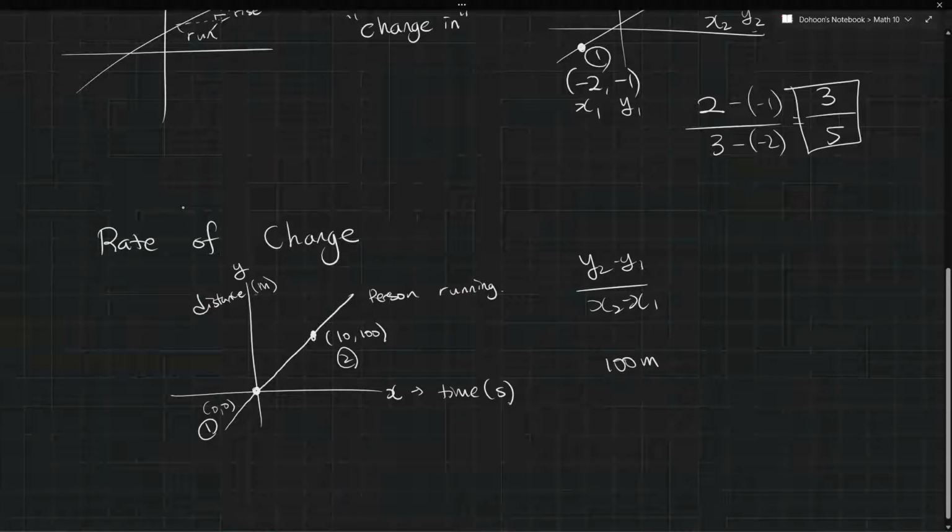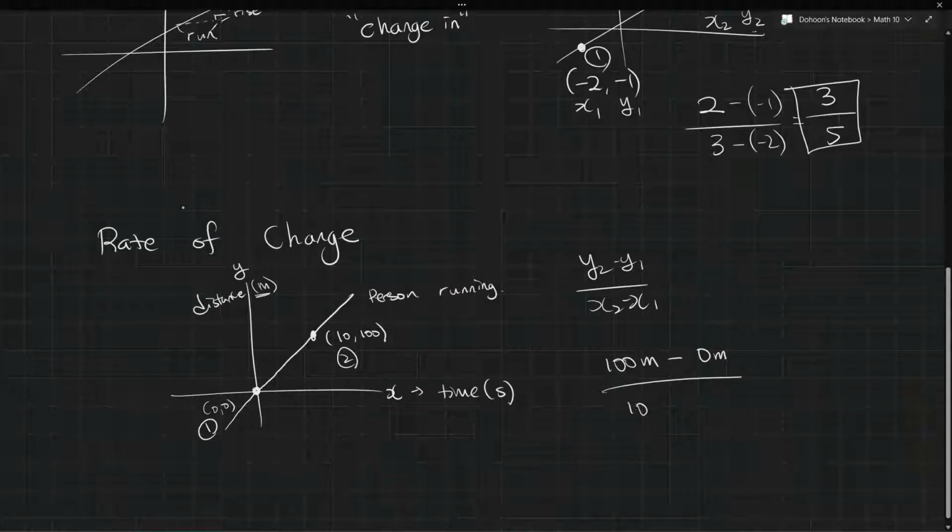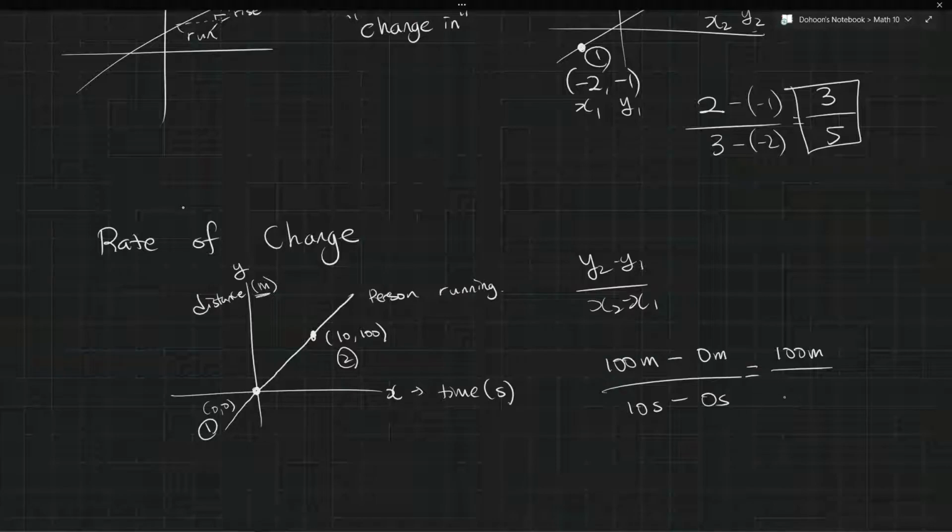Remember, y value is, the unit is meters. Minus y1 was 0 meters. Over 10 seconds is my x2, minus 0 seconds. Well, 100 meters minus 0 meters is 100 meters. And 10 seconds minus 0 seconds is 10 seconds.